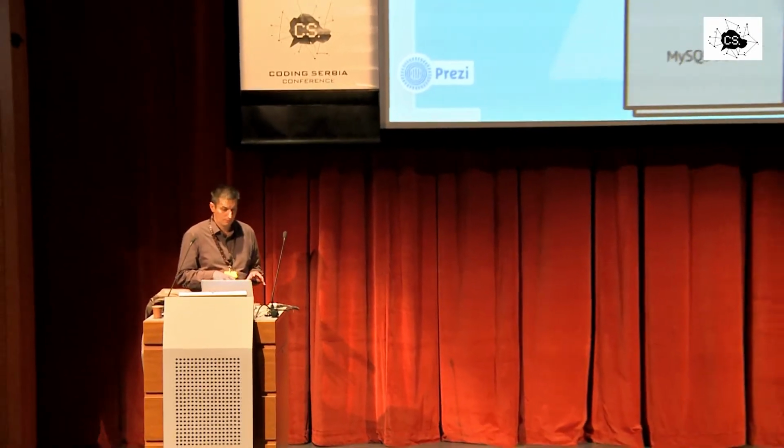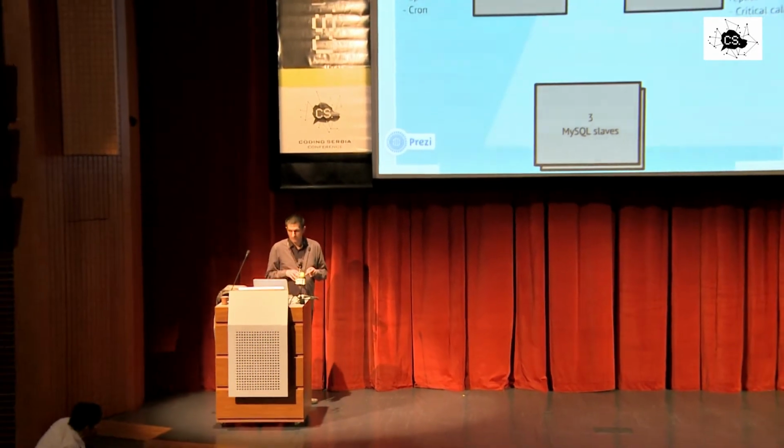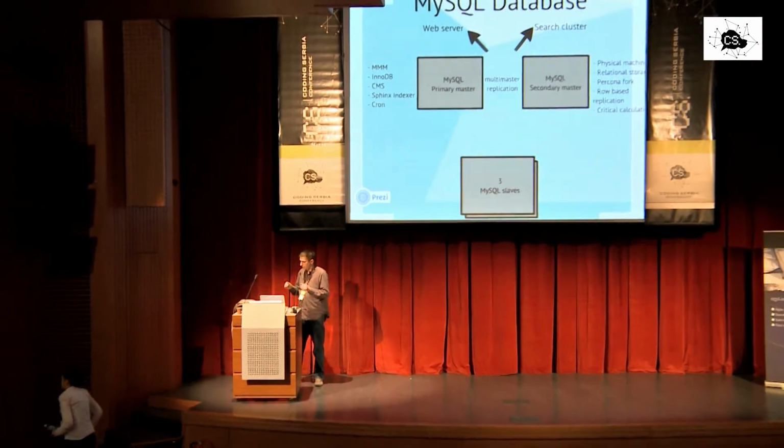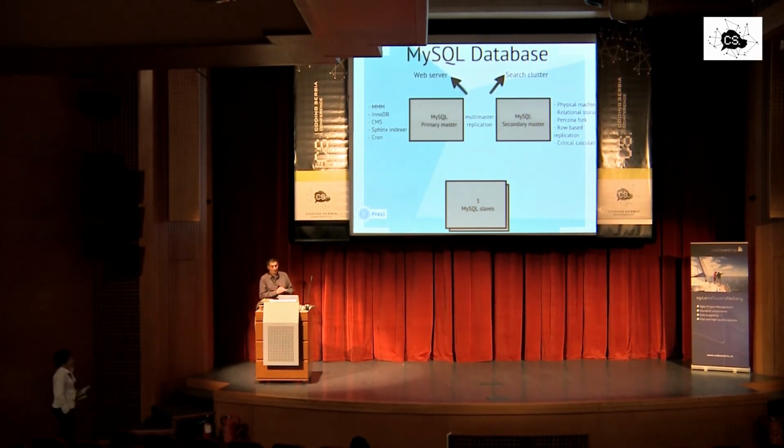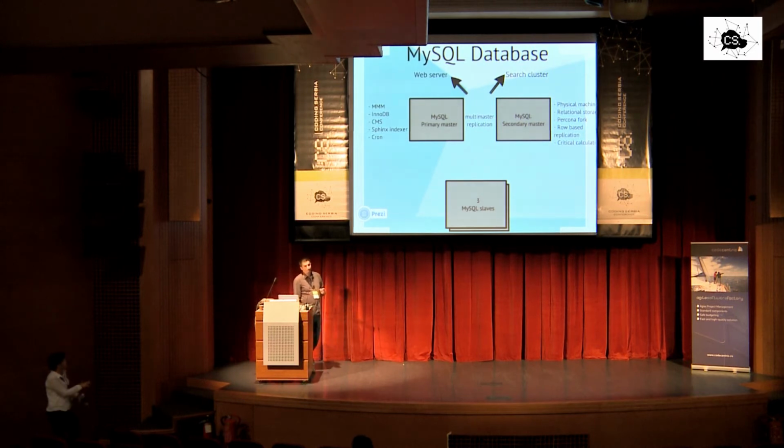And finally, the MySQL database cluster is the deepest layer. It is not by accident placed there. These are physical machines. When we were doing the migration, we did not want to virtualize these machines. They hold the relational data.